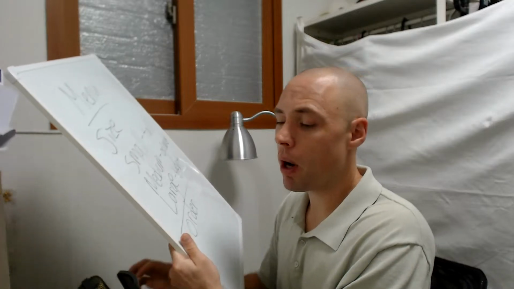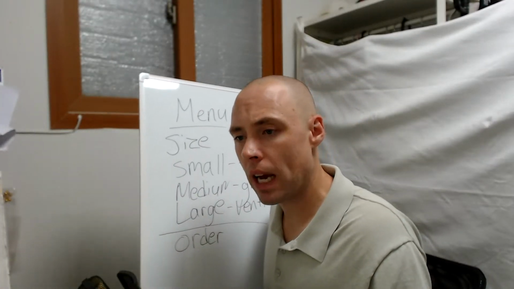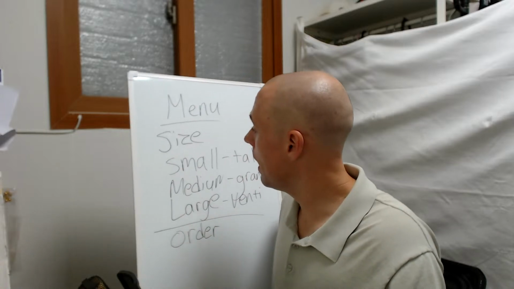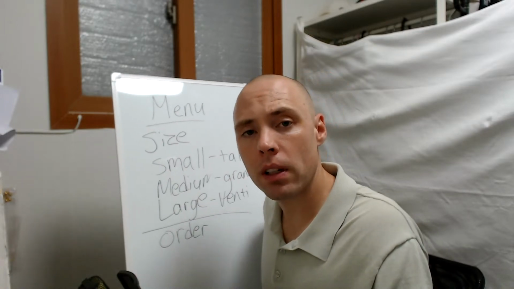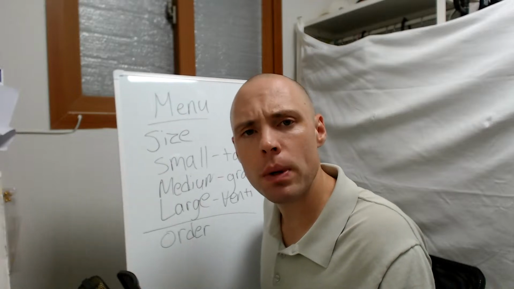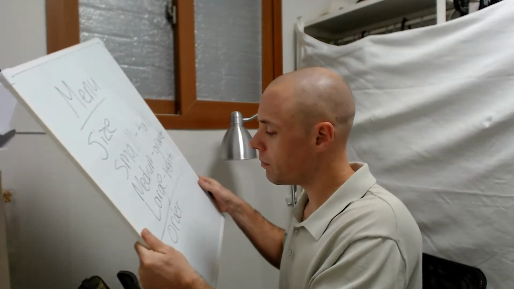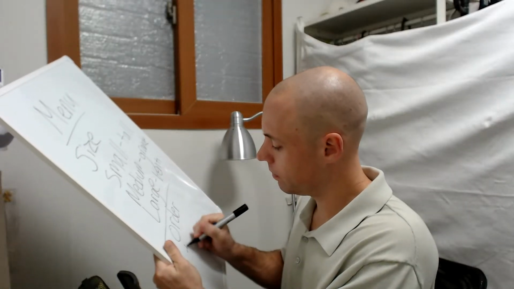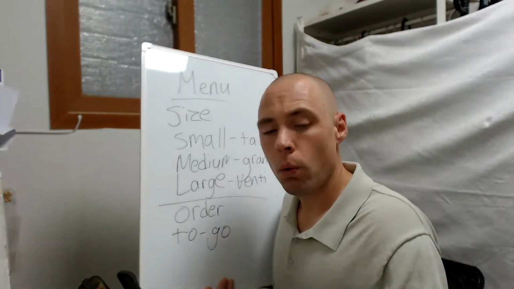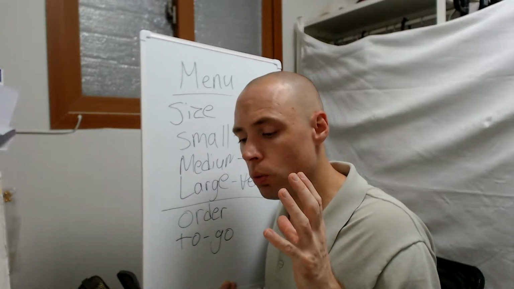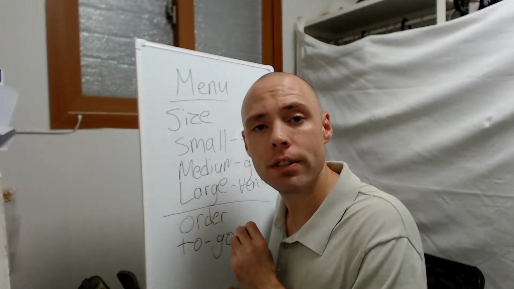Actually, let's pause for just a second and make sure that there's no more important vocabulary. As I'm looking at this, there are two more vocabulary words, kind of phrases, that we need to know. The first one is to go. What this means is you want to take your drink outside and leave.